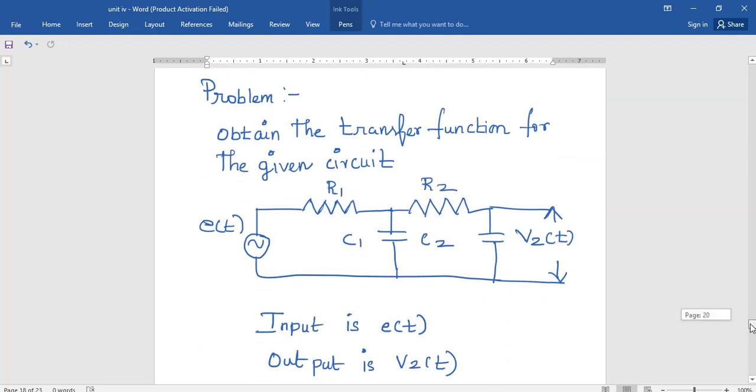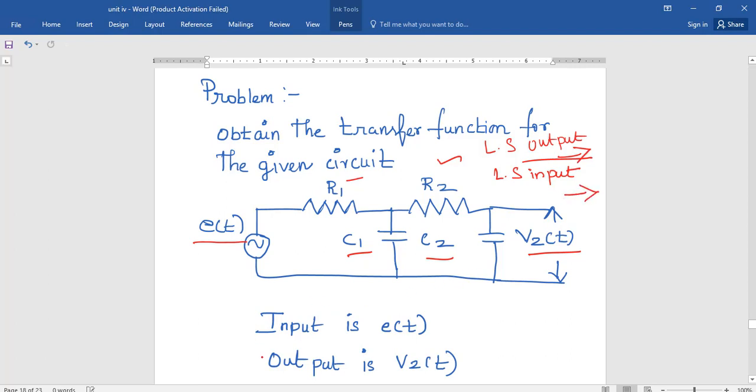Next, we will have a simple problem. Here, our objective is to obtain the transfer function for the given circuit. The circuit has a voltage source e of t, two resistors R1, R2, capacitors C1, C2, and the output voltage is v2. What is transfer function? Laplace transform of output by Laplace transform of input. That means we need to get an output equation and input equation.